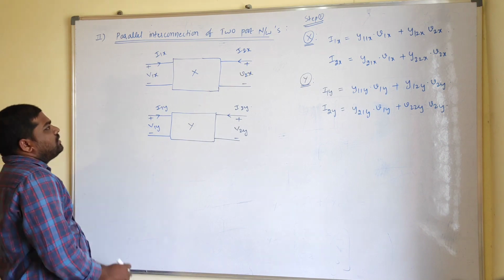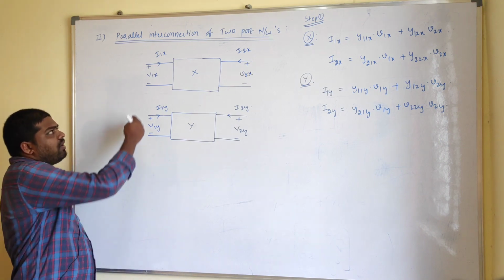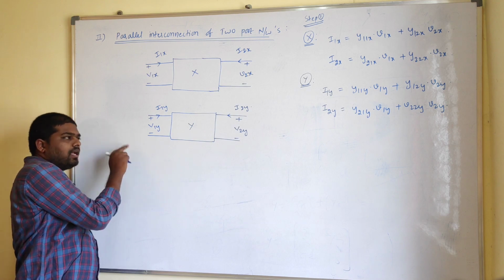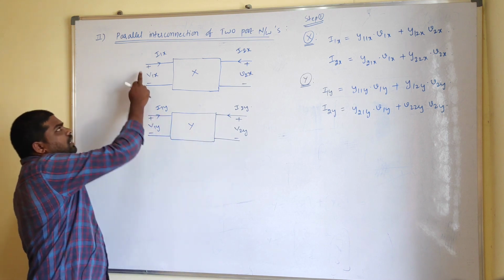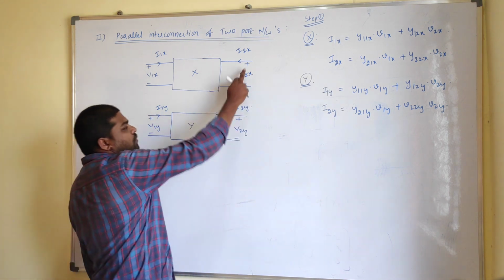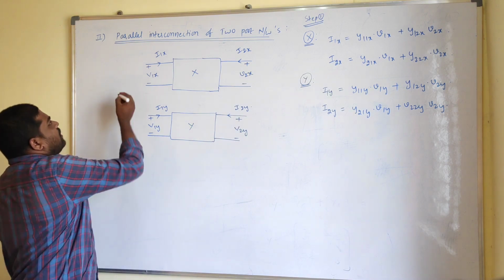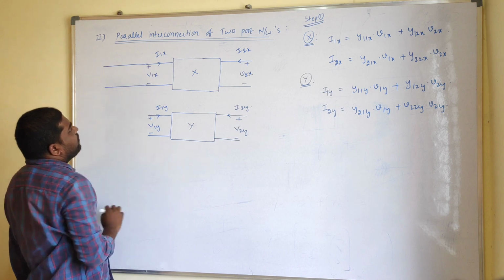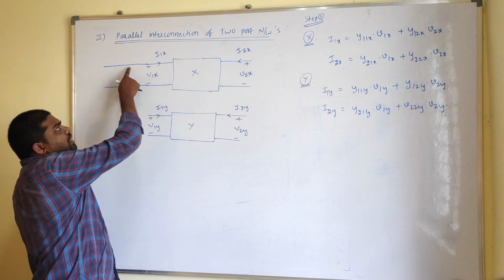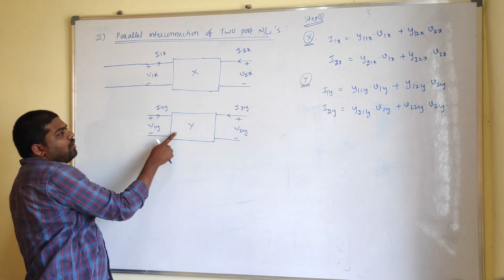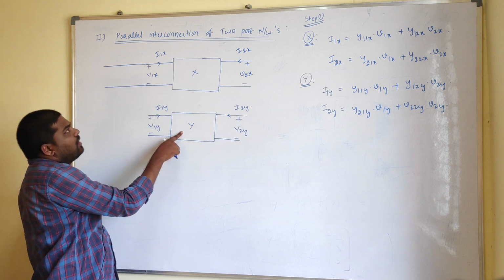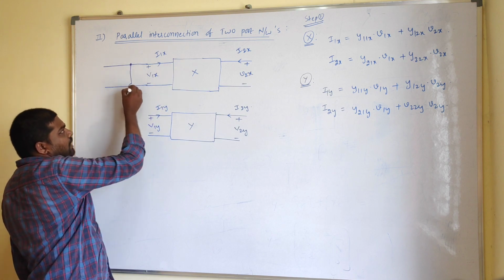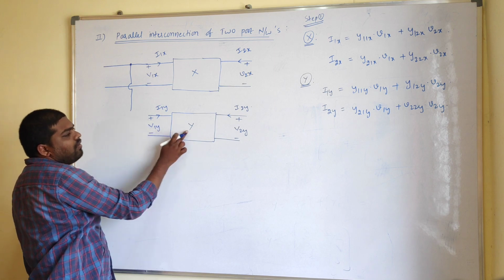Now you can form the parallel connection at port 1 as well as port 2, using these four terminals at port 1 and these four terminals at port 2. The first terminal of the X two-port network is directly connected to the first terminal of the Y two-port network.